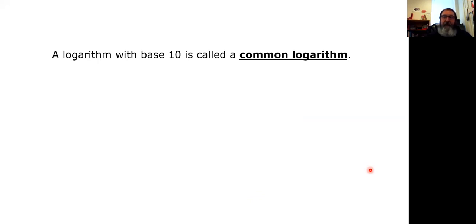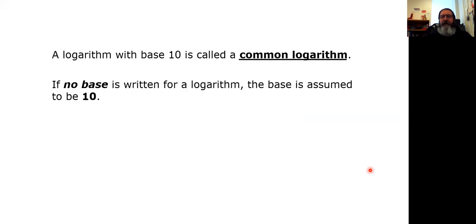As the name implies, these are very common, in part because of what I was just talking about. So mathematicians decided, hey, we use these kinds of logs a whole lot, and writing that little subscript 10 every time is a time waste, kind of annoying. So let's make an agreement that we are just not going to write the 10.